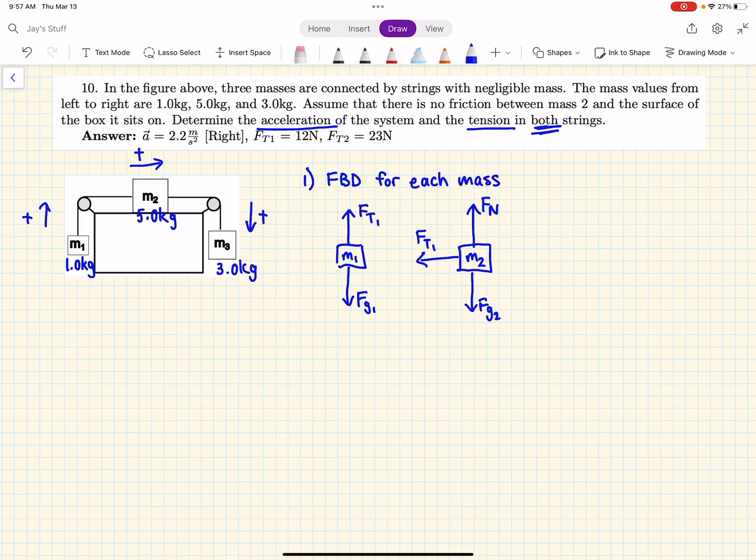So for mass 1, that tension is pulling up, but for mass 2, it's the opposite. It's pulling backwards. But now we also have force of tension 2 caused by the weight of mass 3. Now in this case it says there is no friction between mass 2 and the surface, so we don't need to worry about that.